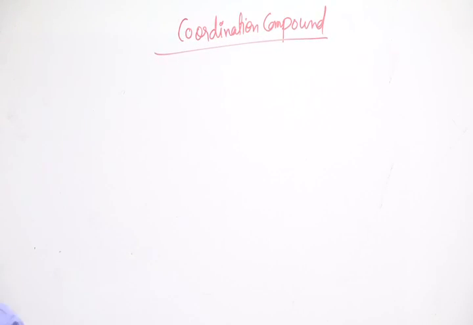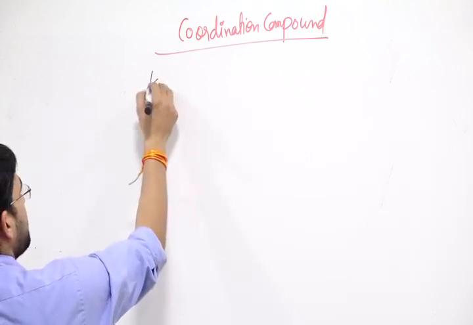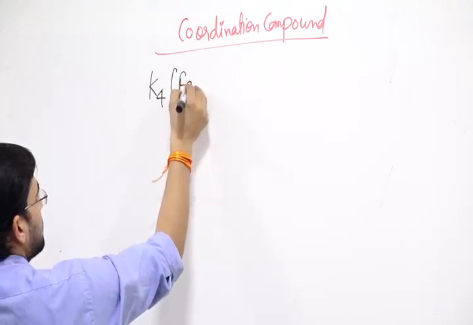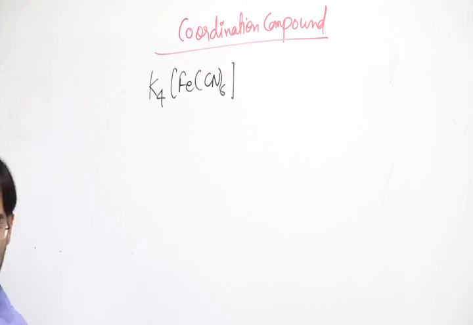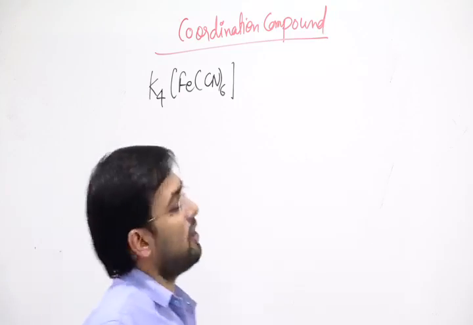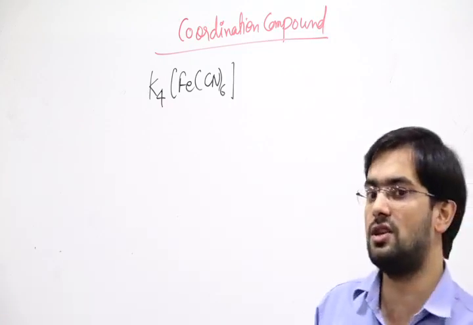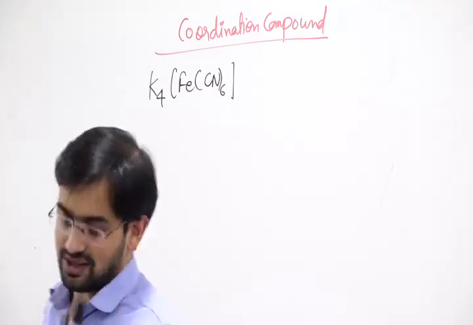In coordination compounds, let's take a compound called K4[Fe(CN)6]. Whenever we have a coordination compound, there are six things we need to memorize and understand first.